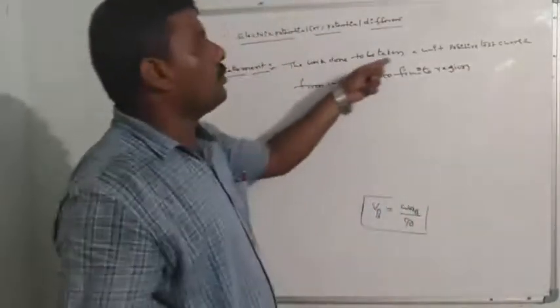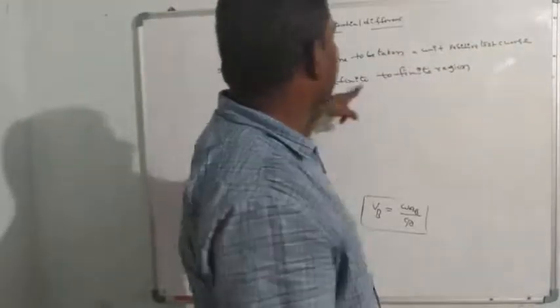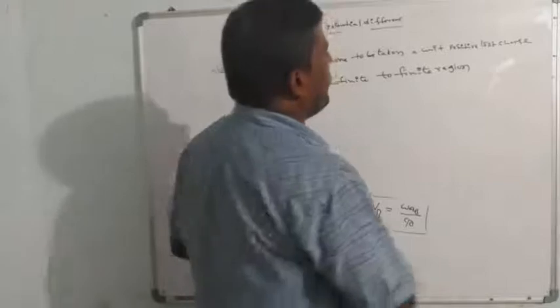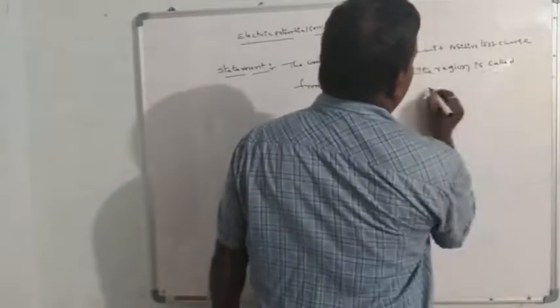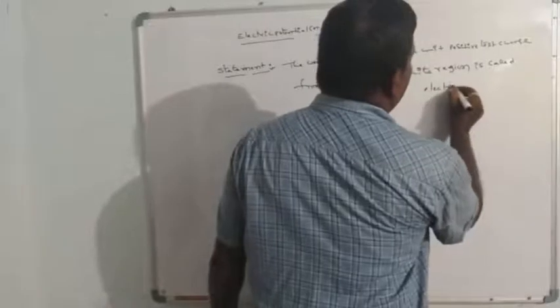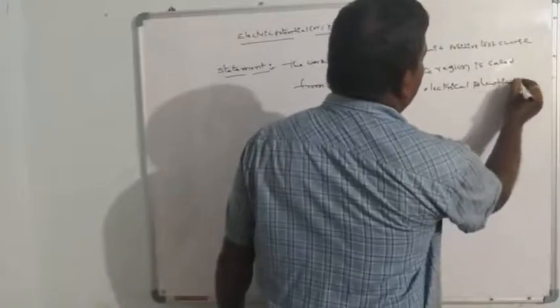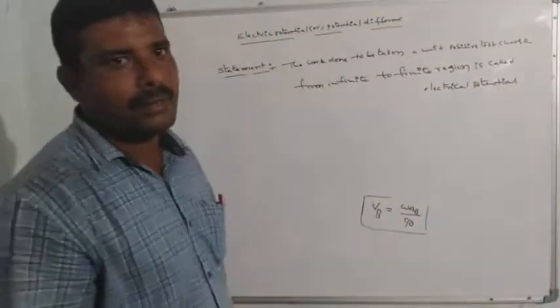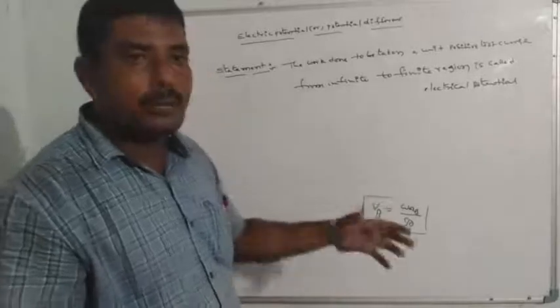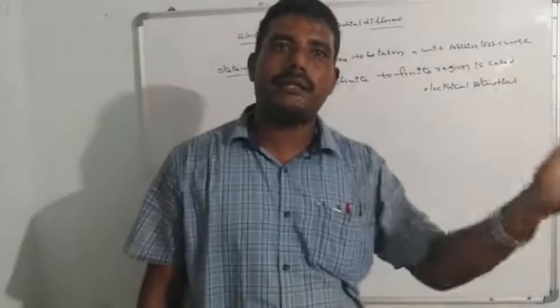The work done to take a unit positive charge from infinity to a finite region is called electrical potential or potential difference.